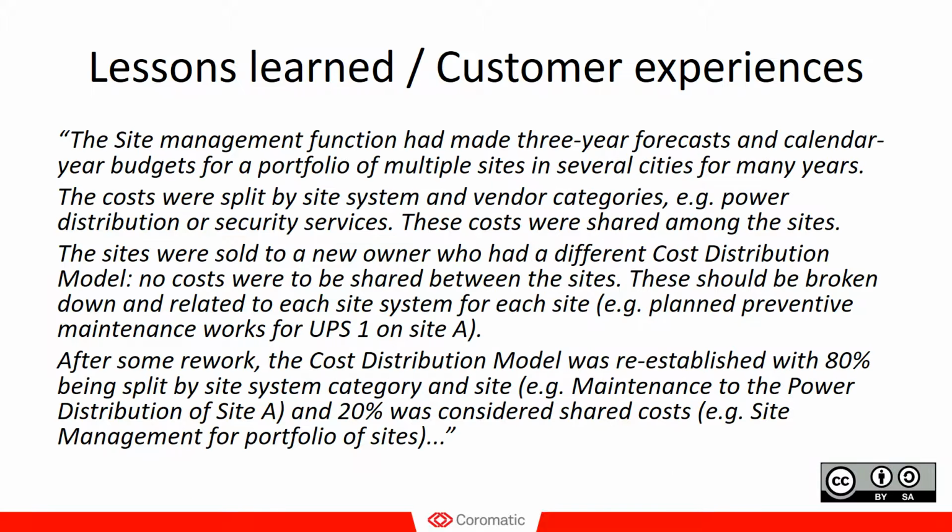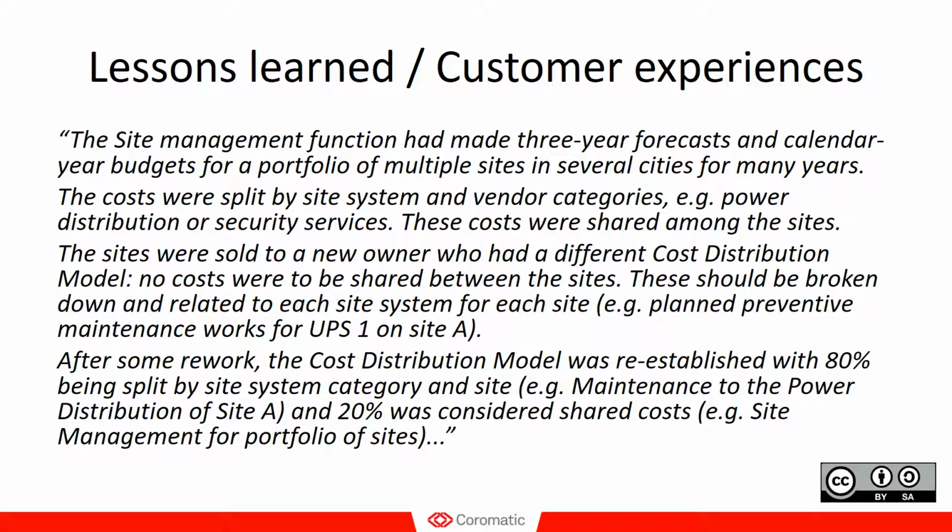One of these examples is a site management function that had made 3-year forecasts and calendar year budgets for a portfolio of multiple sites in several cities for many years. And the costs that they were handling were split by site system and vendor categories. So what does that mean in practice?